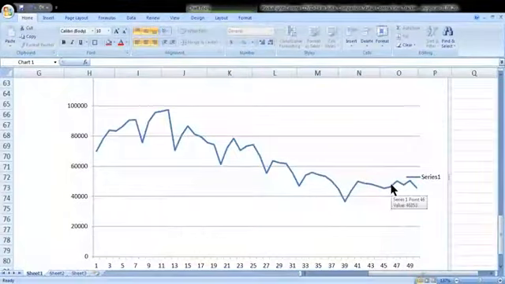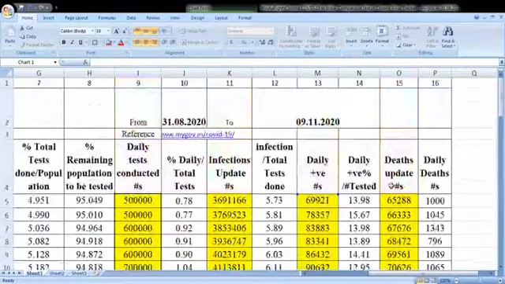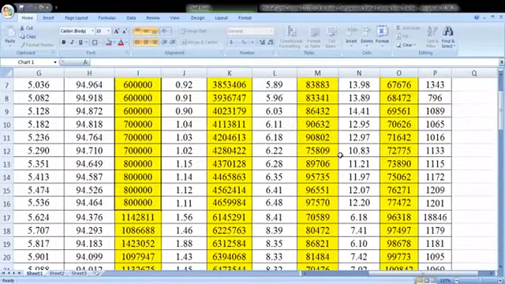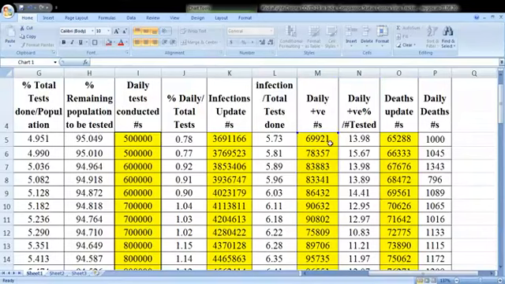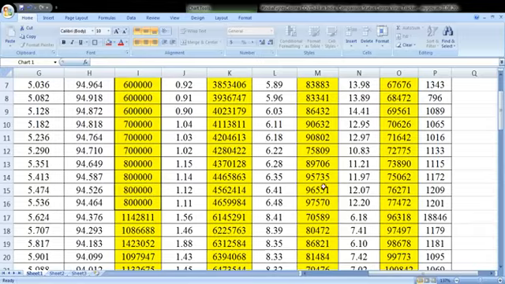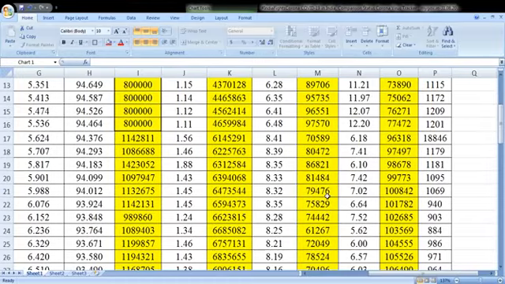It's completely wrong. We can see here it was 69,921, then it came down, then up to 78, then 83, 86, and 95,735, 96, 97, and then suddenly immediately down.